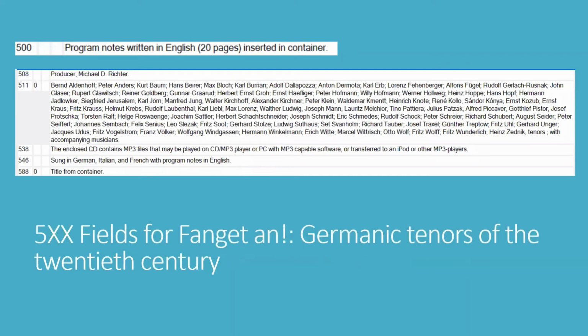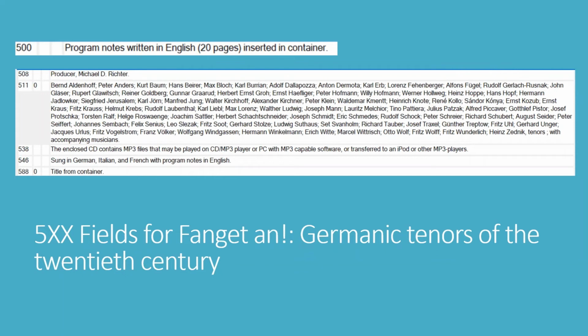Okay, so here are the 5XX fields for Fanjet On. It's an opera, a German opera, and it was cataloged by CMC staff for the Roosevelt University Library. There's a 505 formatted contents note, but those were not displayed in this screenshot.